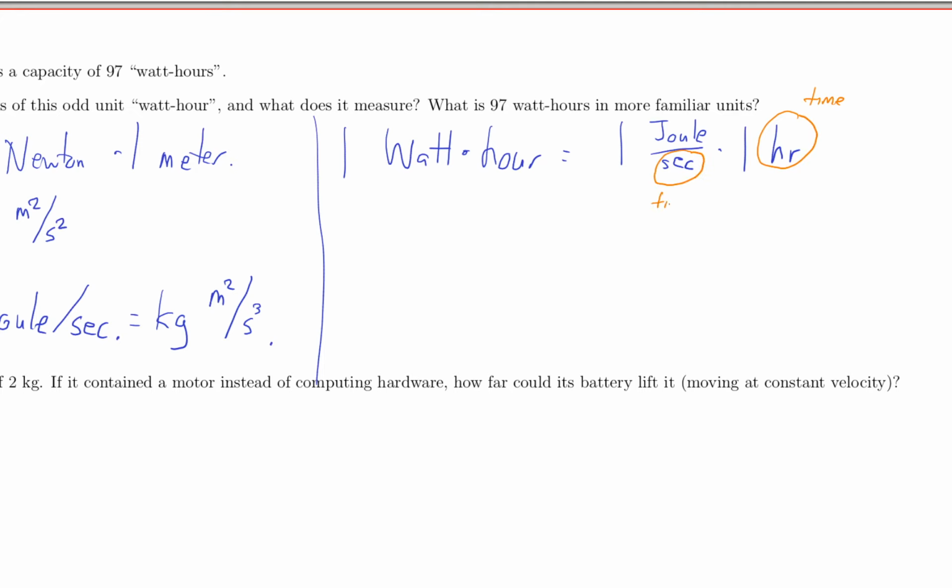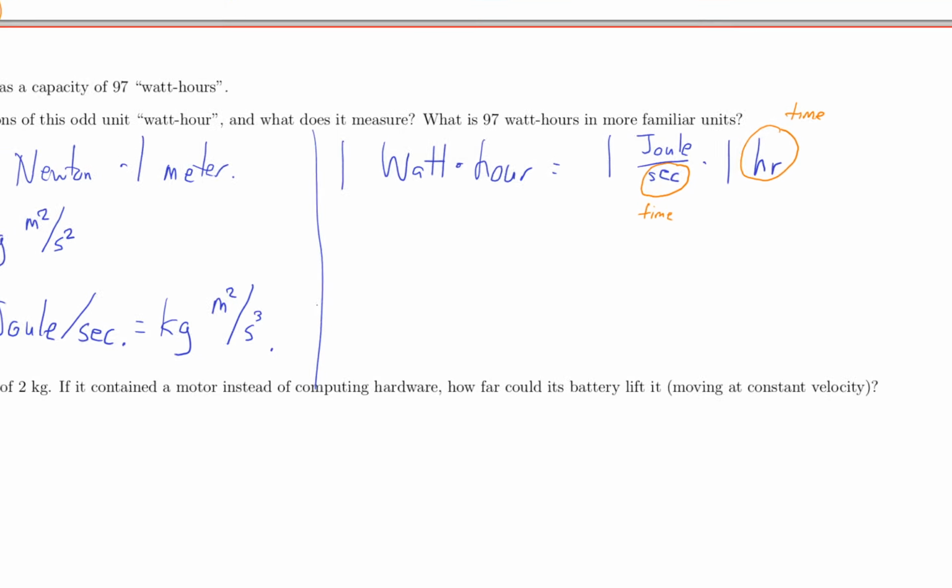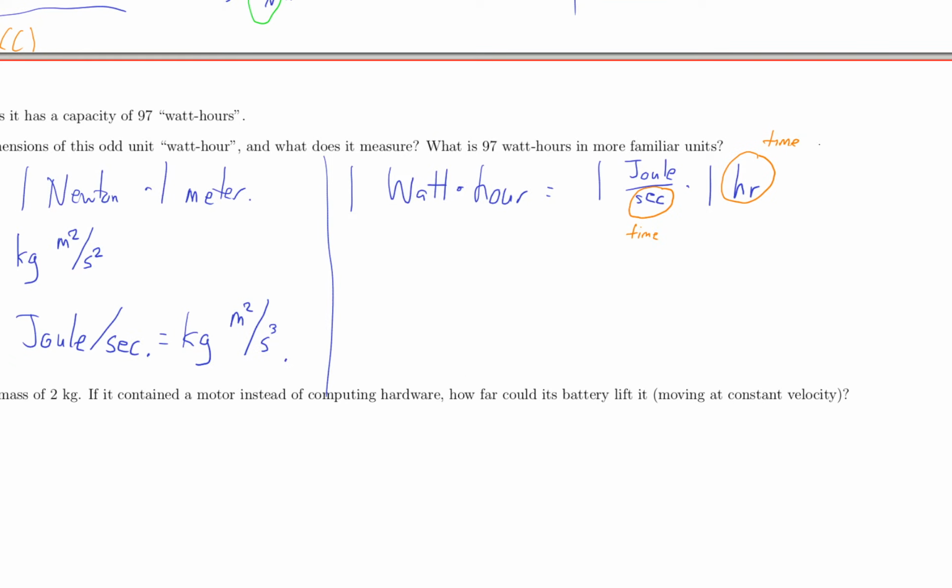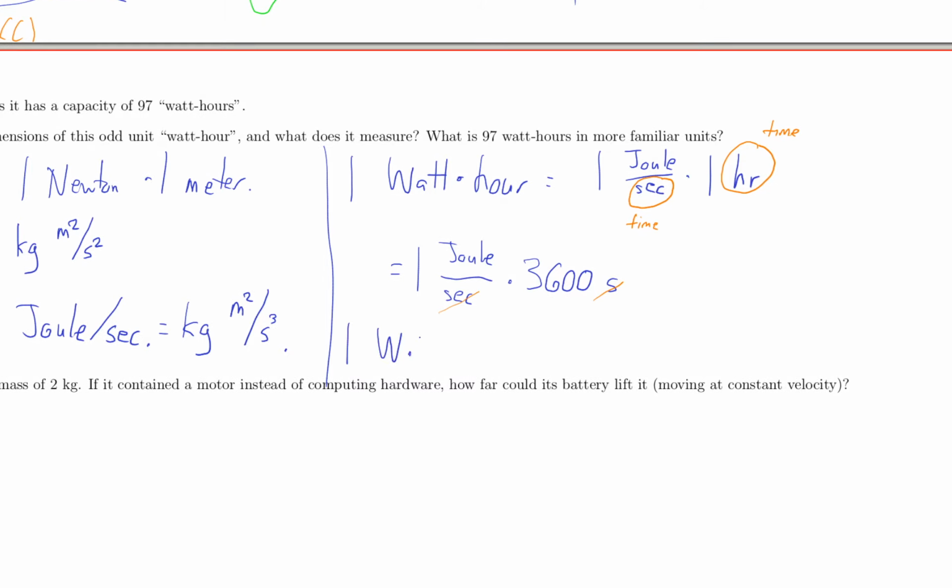Second is also a unit of time. So I'm just going to convert an hour into seconds here. 1 joule per second times 3,600 seconds per hour. And now I can cancel the seconds. So 1 watt hour is 3,600 joules.